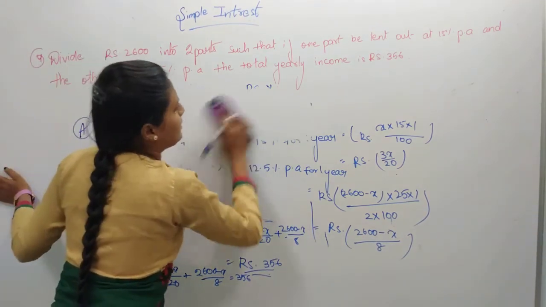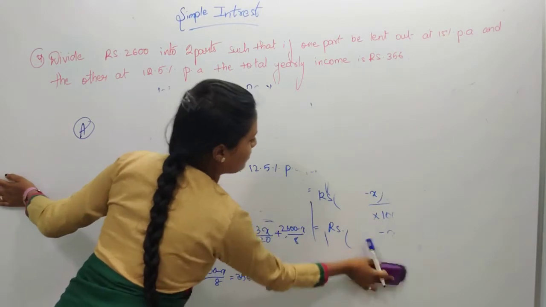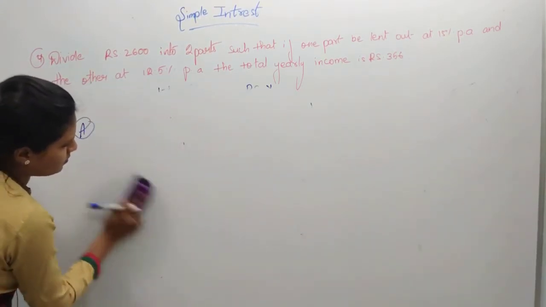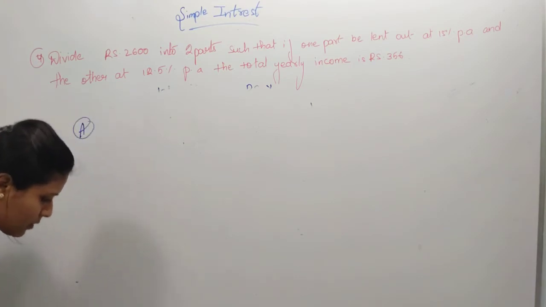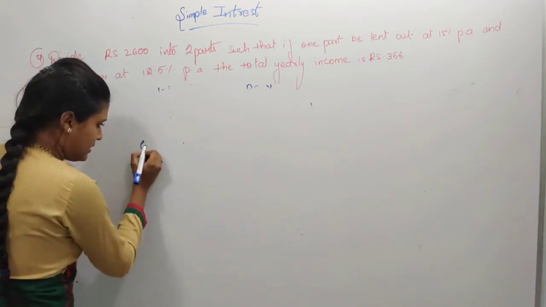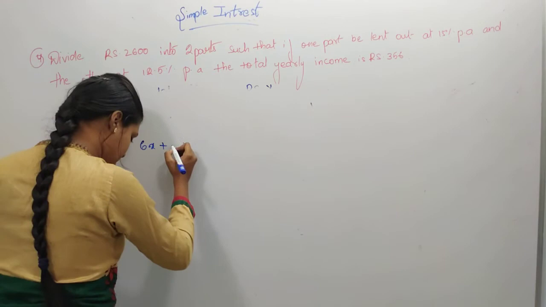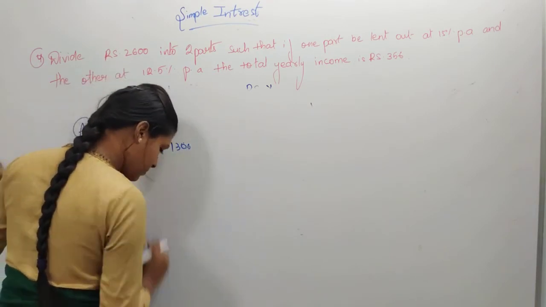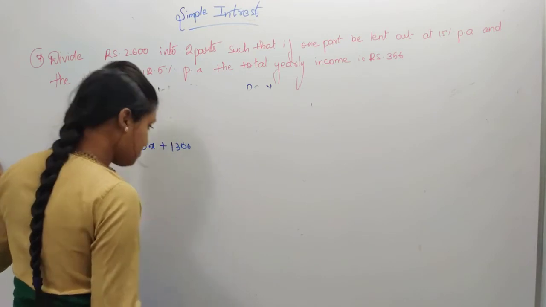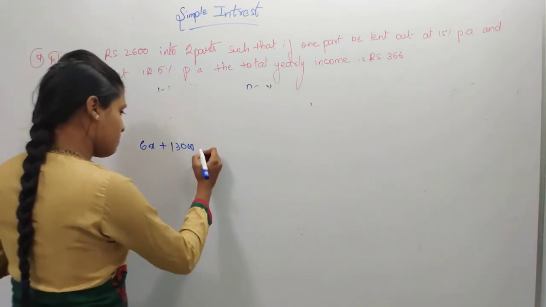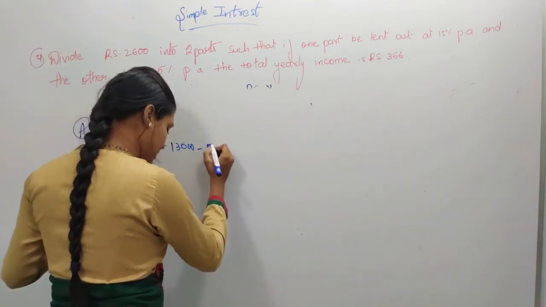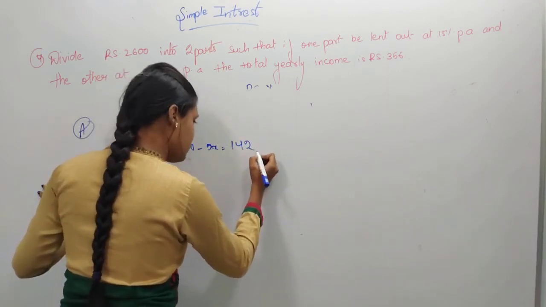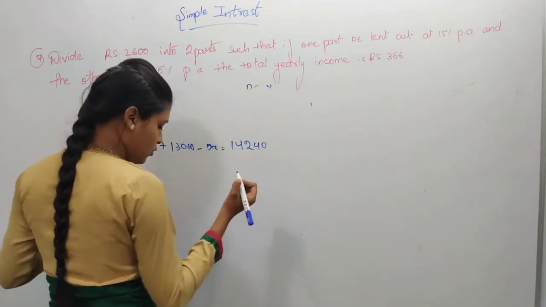Let's see it. 6x plus 13,000 minus 5x is equal to 14,240 rupees we got.